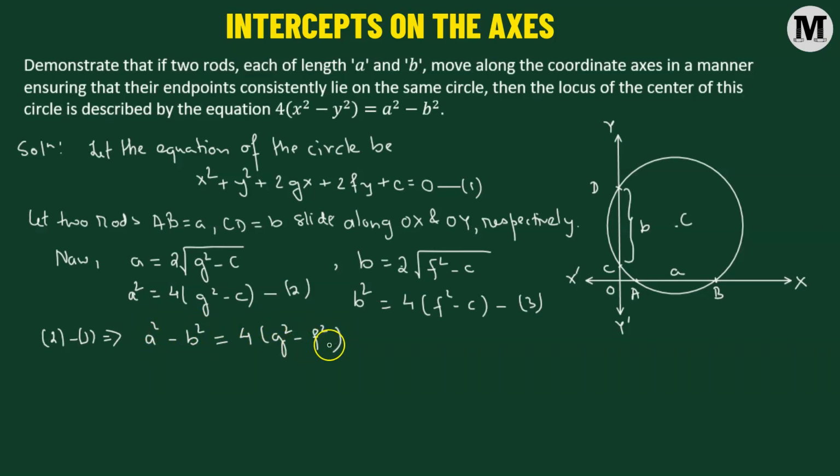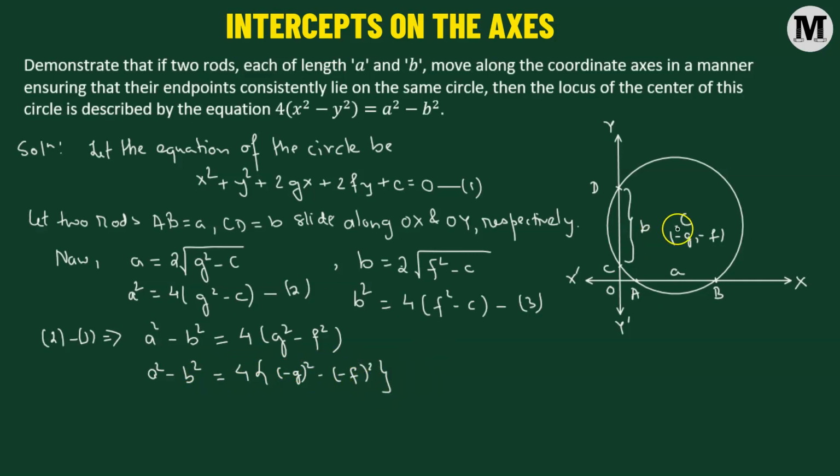Fine. Now what are g and f? G and f can represent the center of the circle, which has the coordinates negative g comma negative f, meaning we can rewrite the equation as a squared minus b squared equals 4 times negative g whole squared minus negative f whole squared.